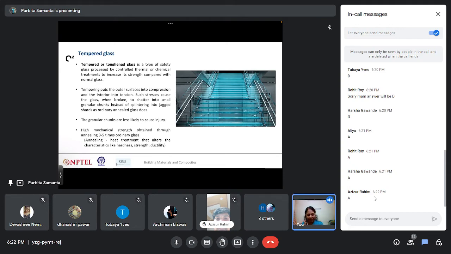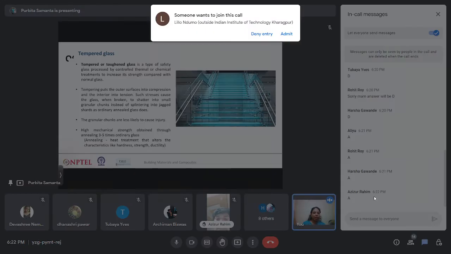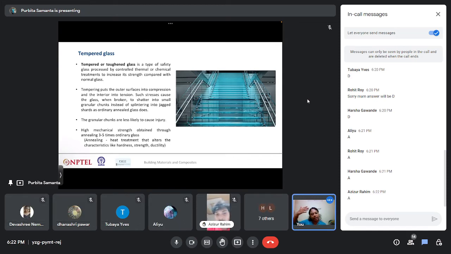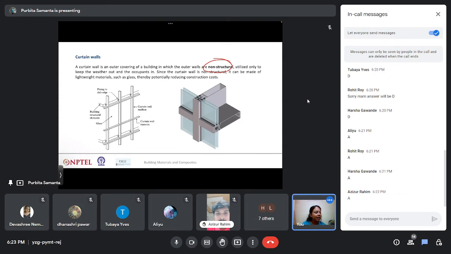Let me explain with the curtain wall. A curtain wall is something which forms the non-structural part. It's generally placed on the outside of a building. When I say non-structural part, what do I mean? It means that it does not transmit the load of the building.